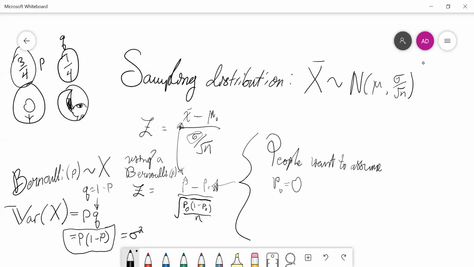If we're testing for something to be fair, a common mistake students make is that p naught is 0. But you can't do that, because if we make p naught equal to 0, then the denominator turns to 0, which we all know results in mathematical contradictions. Generally, and this is not always the case, you'll find that your null hypothesis ends up being 1/2.